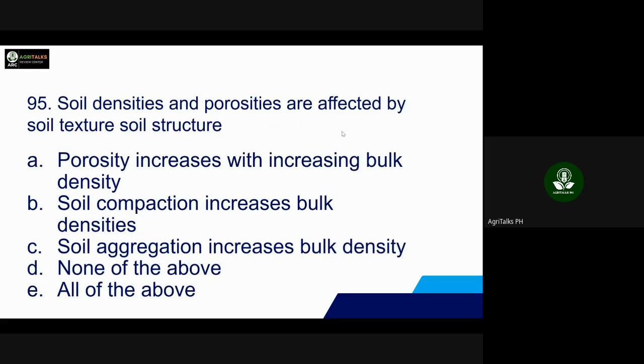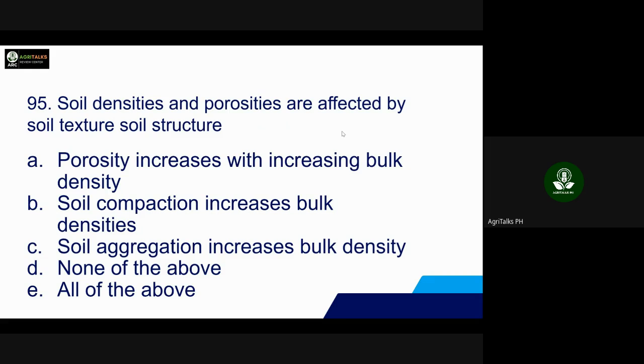Number 95. Soil densities and porosities are affected by soil texture and soil structure. Repeated again. Porosity increases with increase in bulk density. That's wrong. Soil compaction increases bulk density. That's correct. Letter C, soil aggregation increases bulk density.